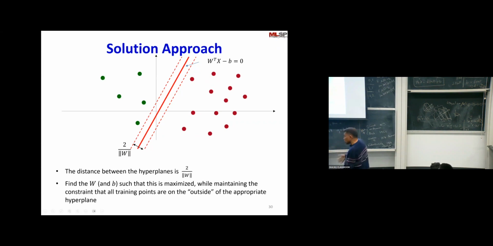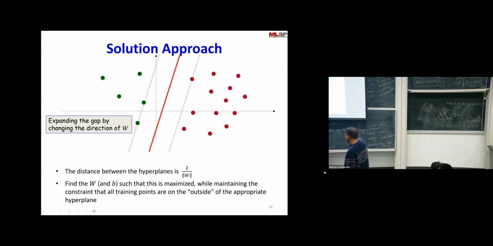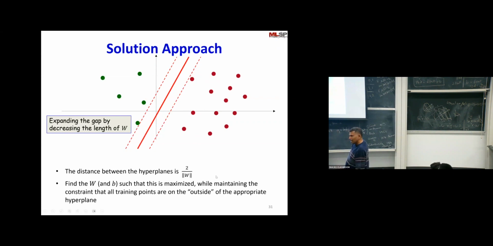So by just shortening my W vector, I can push these planes away till they touch the closest data point. And then, how do I know that it's as far as possible from the two data points? That I don't have any plane such that I can push these planes further away.